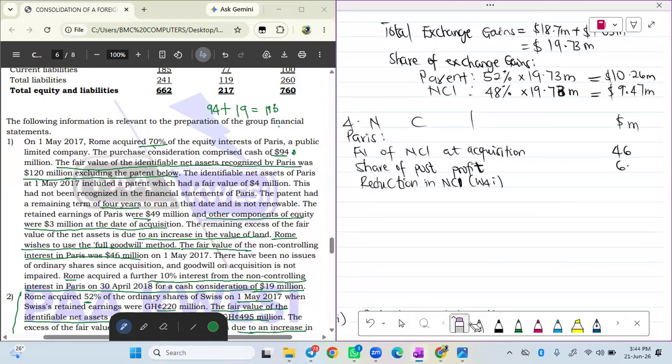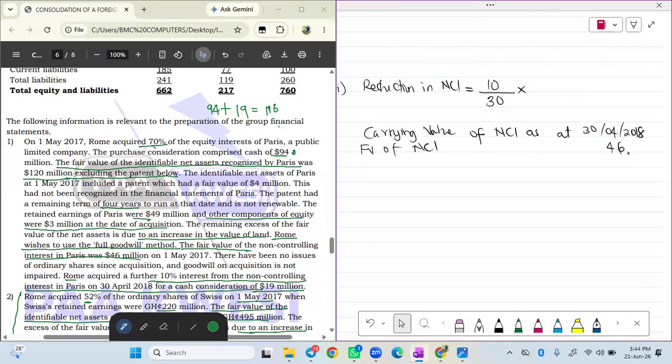For Paris, it's 2.10. So the current value as at 30th April will be the summation of the two, right? So share of post profit gives the current value of NCI as at 30th April. It will be 48.1. And that's why you multiply with the fraction we have here.